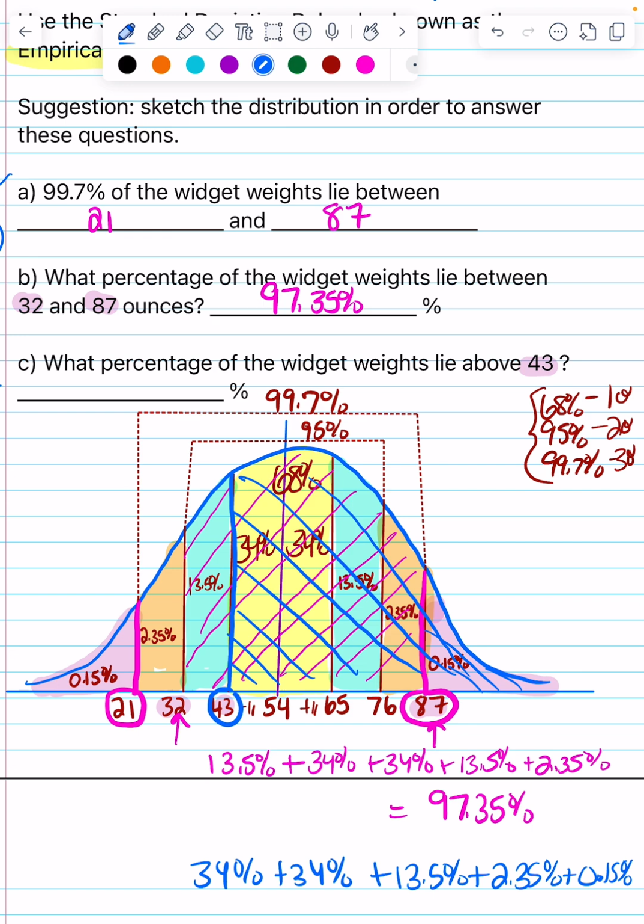Another way of thinking of it is it's everything except for these three on the other side of it. So that is another way to get the answer, but just do whatever makes sense to you. All right, I'm going to add this up. 84.